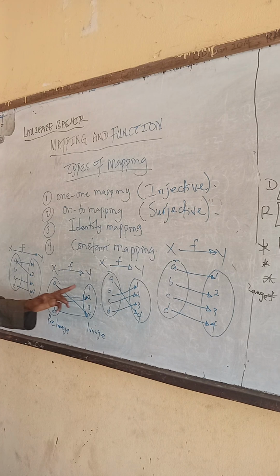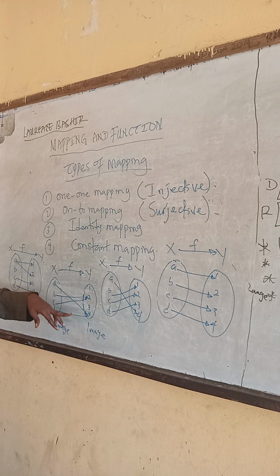You can have an element in the codomain that is not an image of anything, but you cannot have elements in the domain that don't have an image. That's it.